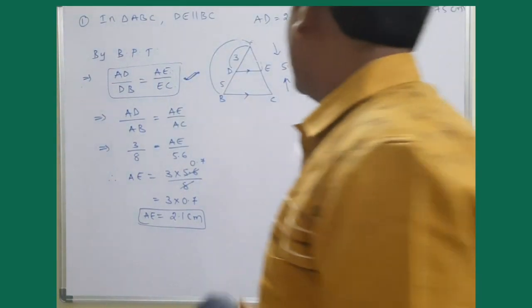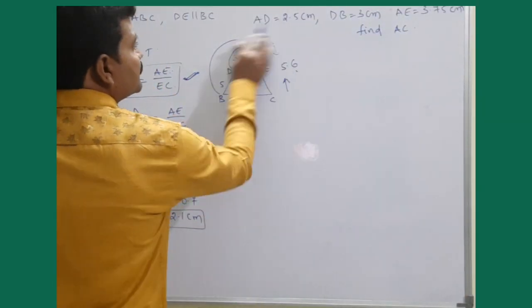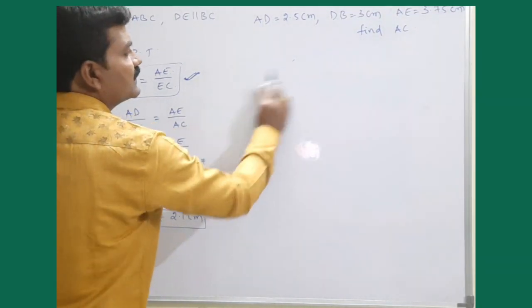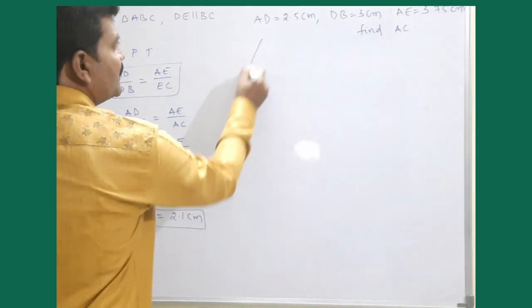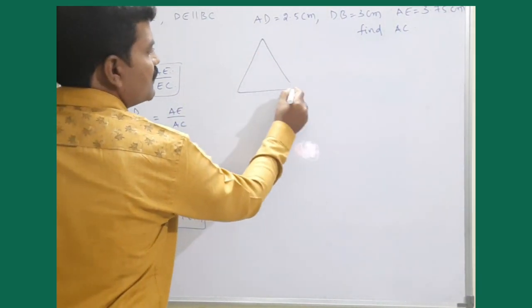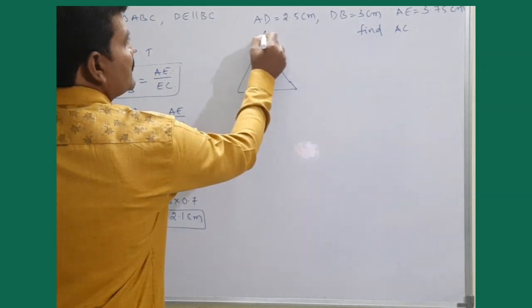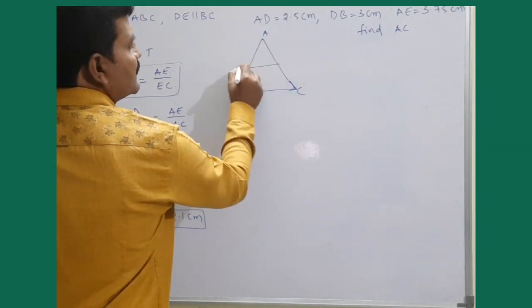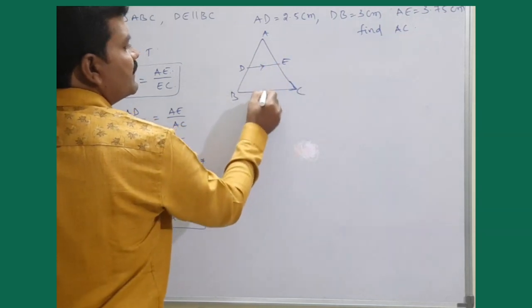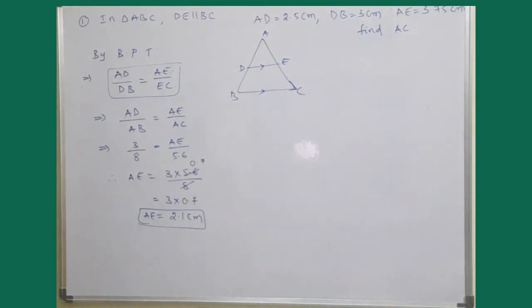Okay, almost the same problem. Only the measurements are a little different. Coming to the diagram, same, ABC. Assume that this is D and E. Of course, given DE is parallel to BC.